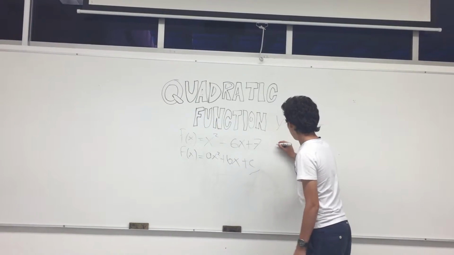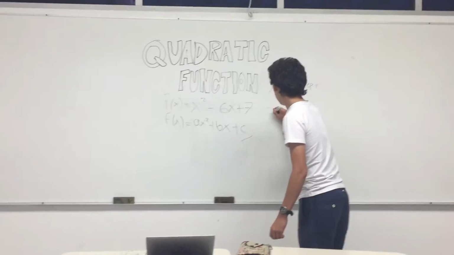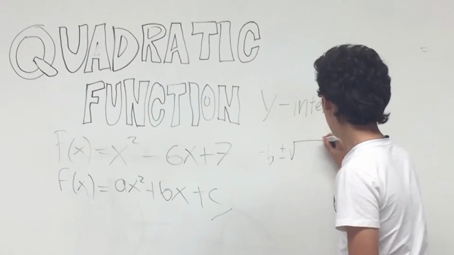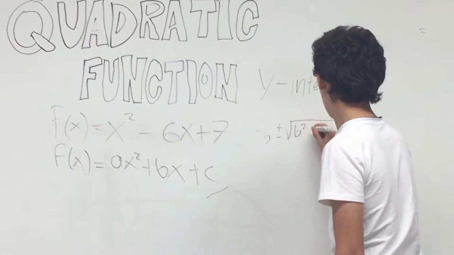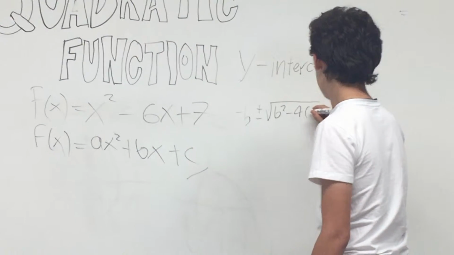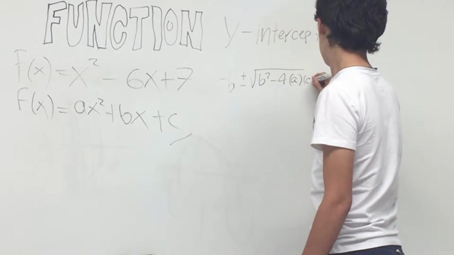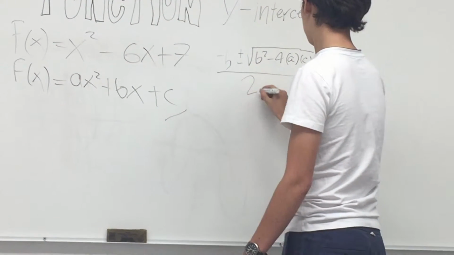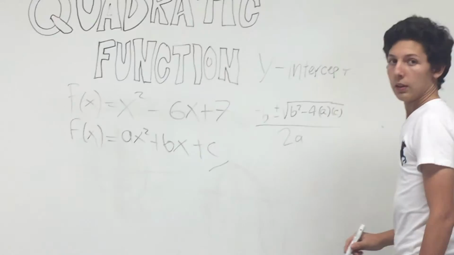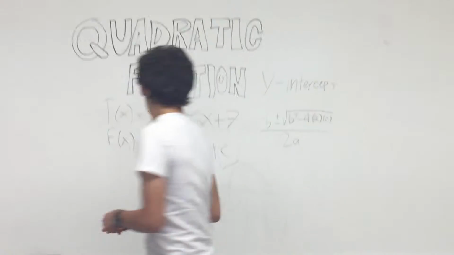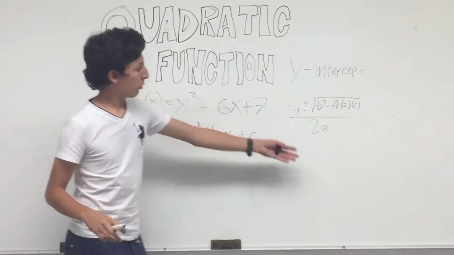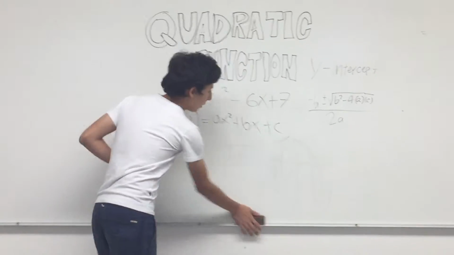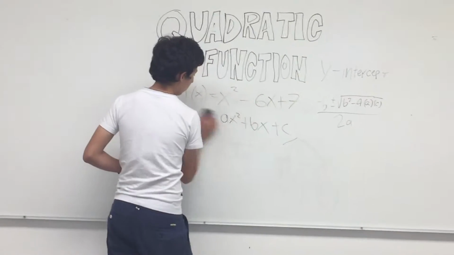It is minus b plus or minus the square root of b squared minus 4ac, and all of this is divided by 2a. Okay? And so if we want to use the quadratic formula with this, we need to replace the letters with the numbers, no?